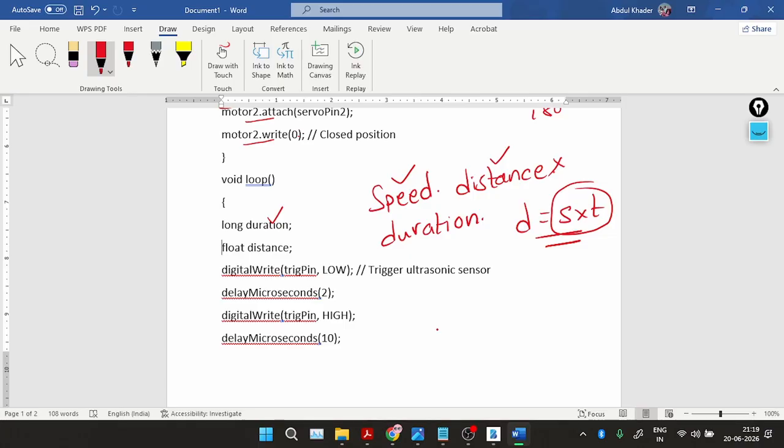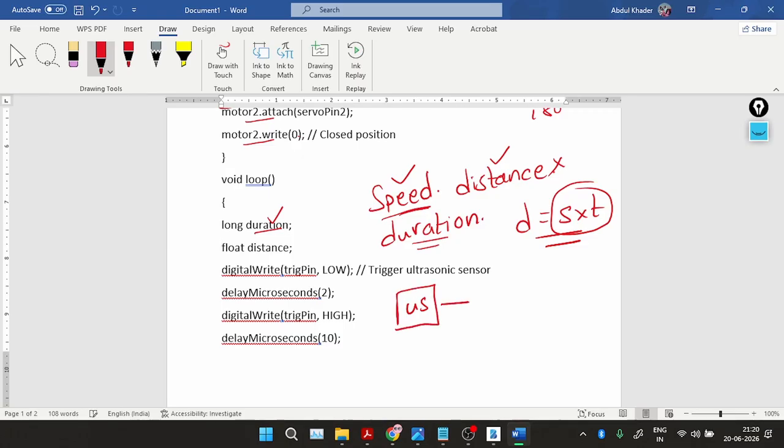Because if you observe the ultrasonic sensor, you might get a doubt. How do we know the speed? We know the duration, definitely. I have defined a variable for that, but I have not defined a variable anywhere in the program for the speed. So you might ask me, how do we know the speed, and on what basis are we going to calculate it? For that, you have to know the working of the ultrasonic sensor.